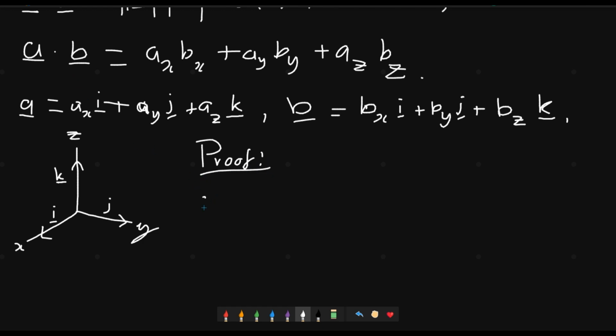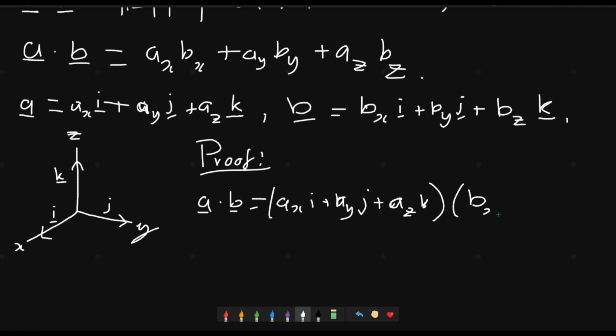Well, A times B is going to be equal to AX I plus A sub Y J plus A sub Z K multiplied by B sub X I plus B sub Y J plus B sub Z K.